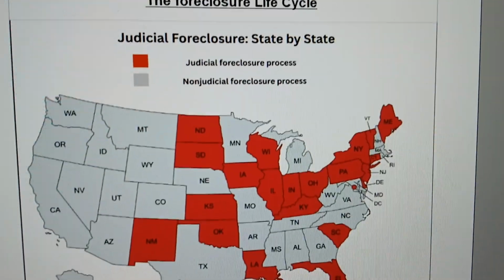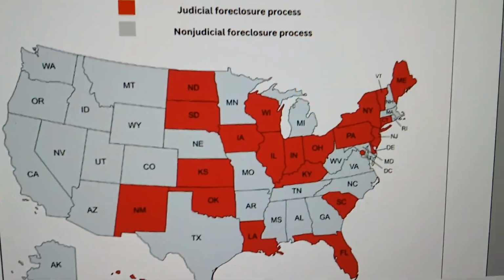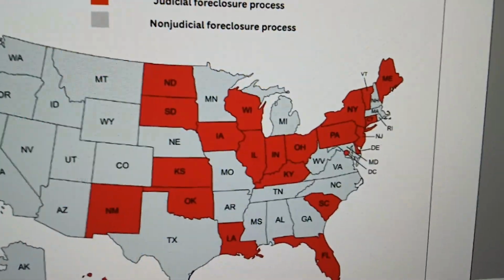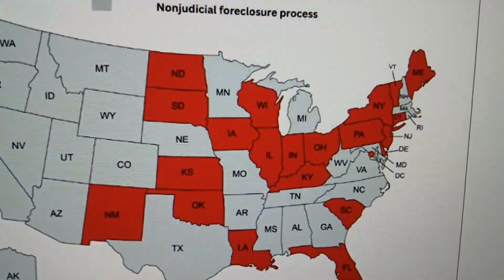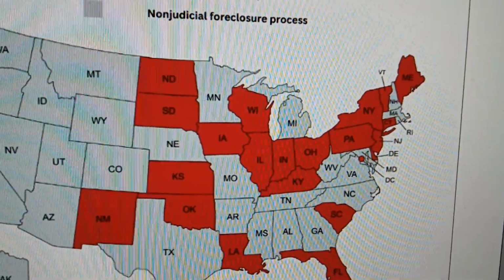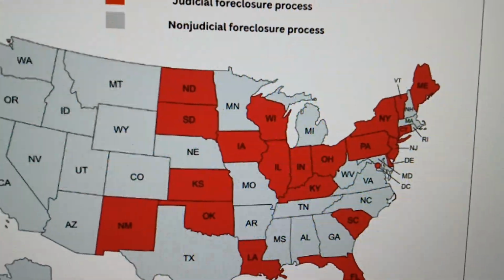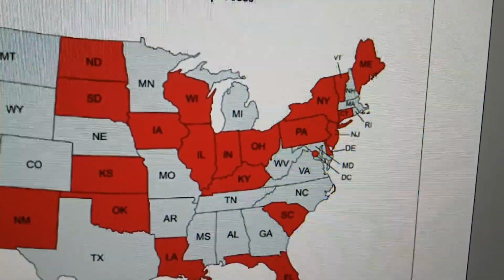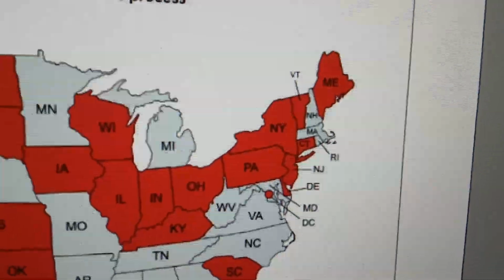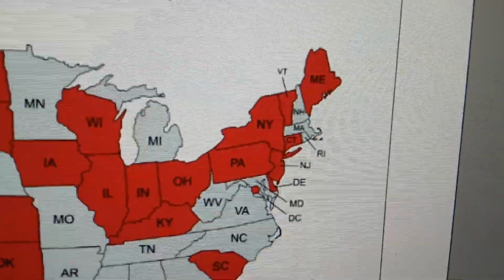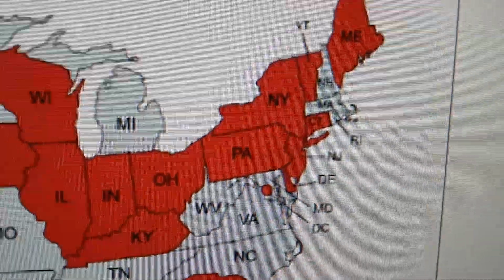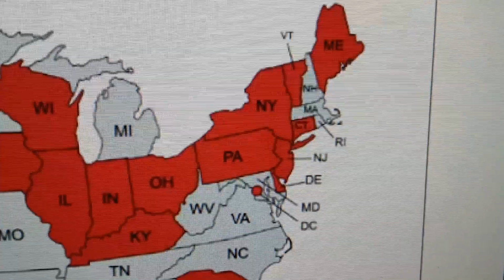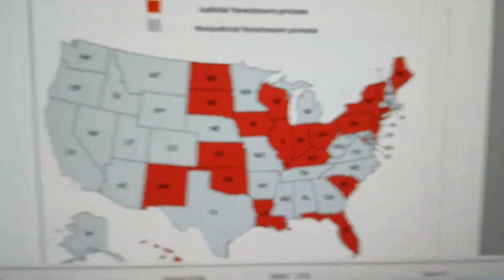The red states are judicial foreclosure states: North Dakota, South Dakota, Wisconsin, Iowa, Illinois, Indiana, Ohio, Kentucky, Kansas, Oklahoma, New Mexico, Louisiana, Florida, South Carolina, Pennsylvania, New York, Maine, Vermont, Connecticut, New Jersey, Delaware, the District of Columbia. All of these are judicial foreclosure states.